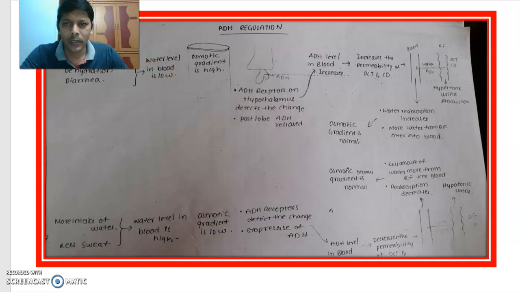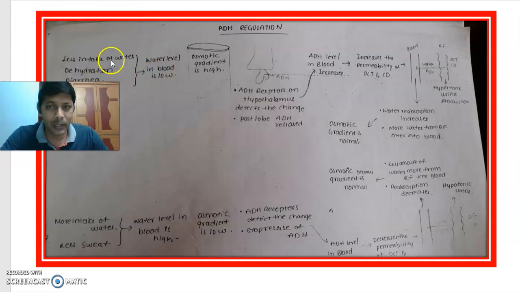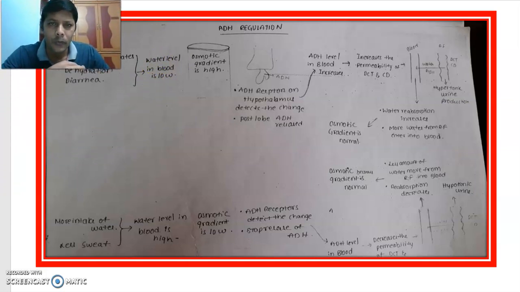What is the percentage of water in blood plasma? 90 to 92.